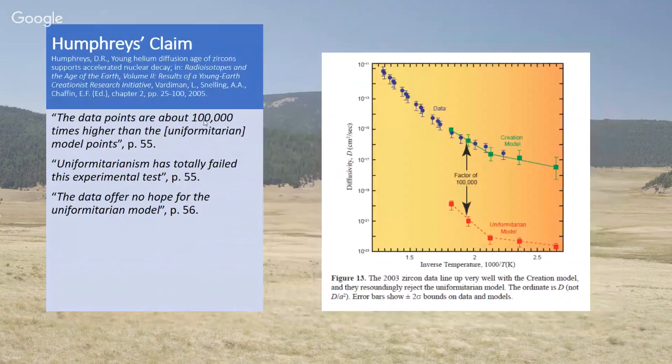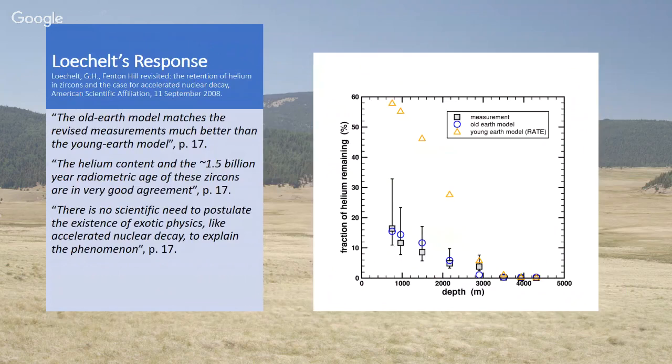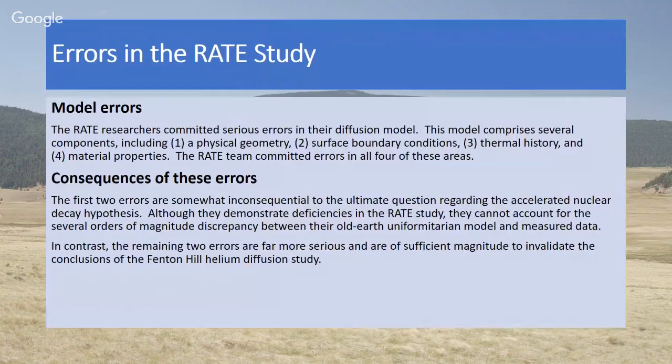This is one of the things Humphreys claimed. He said the difference is so large that even small modeling errors should be inconsequential. And my counter argument is that at least 2 of your errors are not inconsequential. They are of very large magnitude. So we will talk about these 2 things. First, material properties of zircon, and then the thermal history of the site.